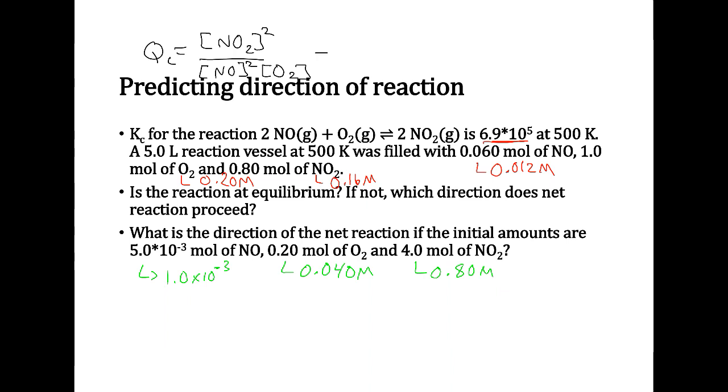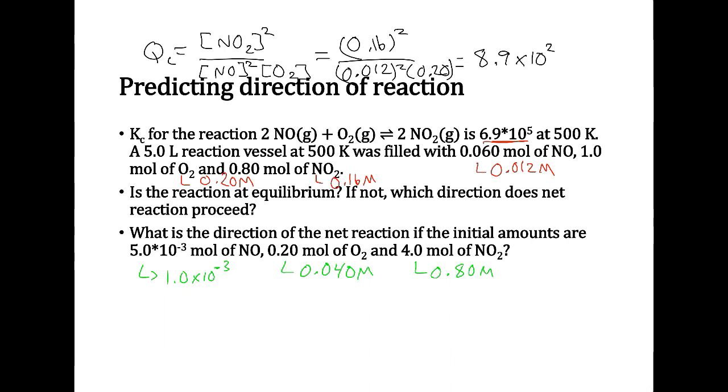When we plug in our values, we have 0.16 squared over 0.012 squared times 0.20, and we find that QC is 8.9 times 10 to the second.